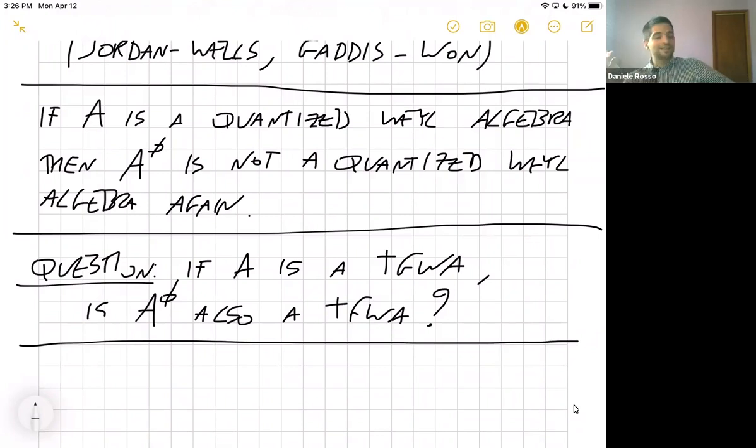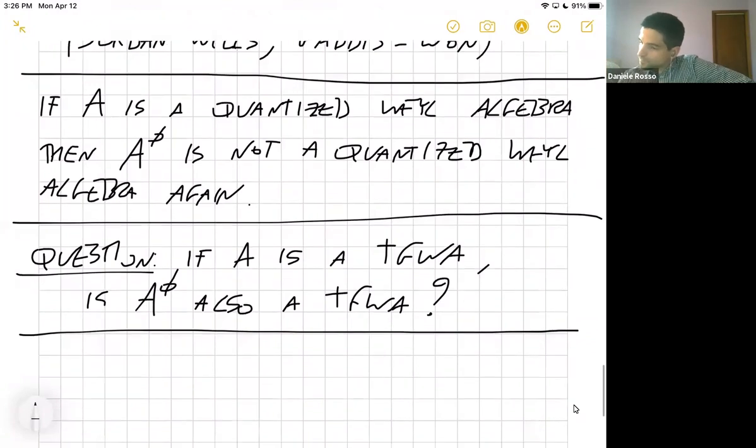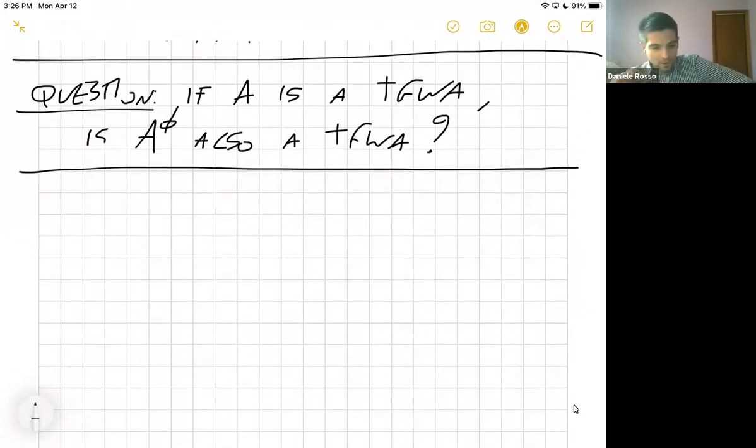Or as in most questions in math, it's more like, in which cases is this true? What conditions do we need? First of all, we cannot answer this question in general. So we're going to try to focus on some cases in which we can say something.